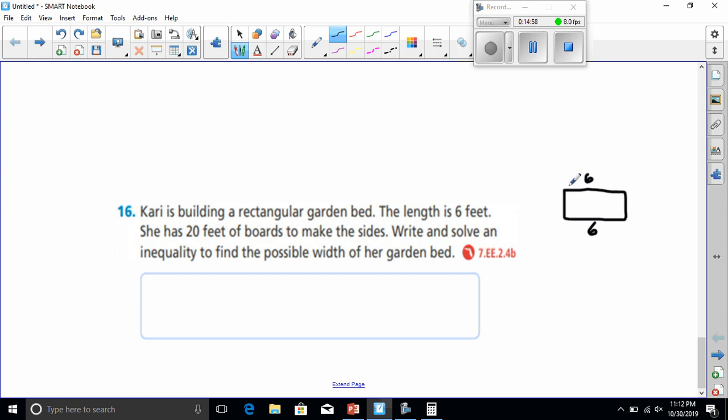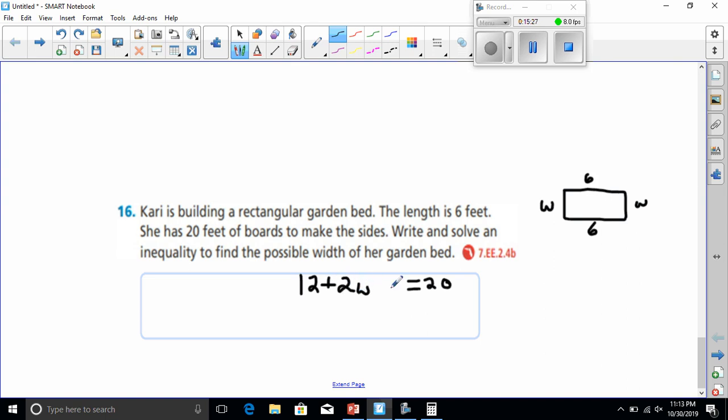So all of this has got to equal 20. Write and solve an inequality to find the possible width of our garden bed. The width is going to be represented by the letter W, and this is going to simply be 6 plus 6 is 12, plus 2W.